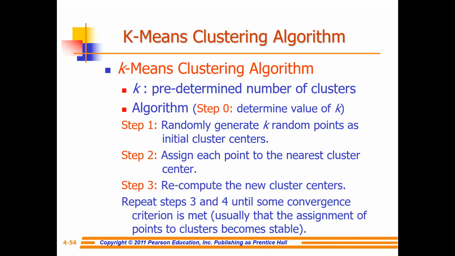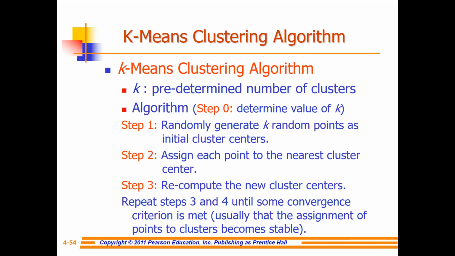If the distance of case number 1 from the cluster B center is smallest, then we assign case number 1 to cluster number 2, and so on. If the distance of case number 1 from centroid C is smallest, then we assign case number 1 to the third cluster.